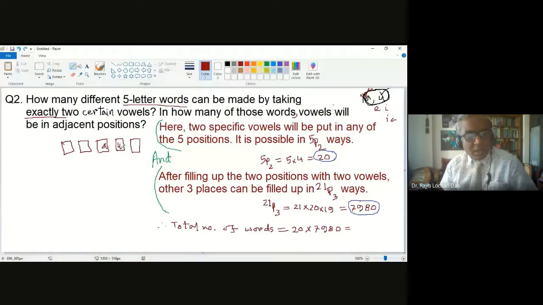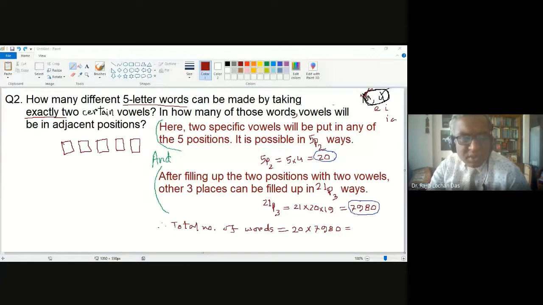Adjacent position means they will be side by side. Sometimes maybe side by side, but how many of them will be side by side and how many others are separated? So this is the second part of the question.